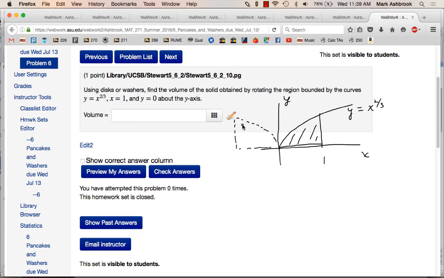Will this be pancakes or washers? Washers. Will it be dx or dy? Washers will be horizontal.